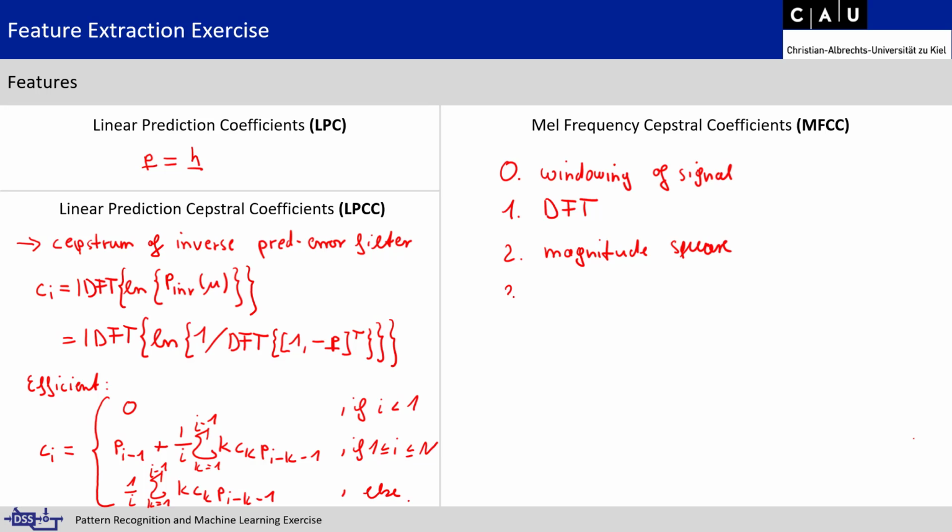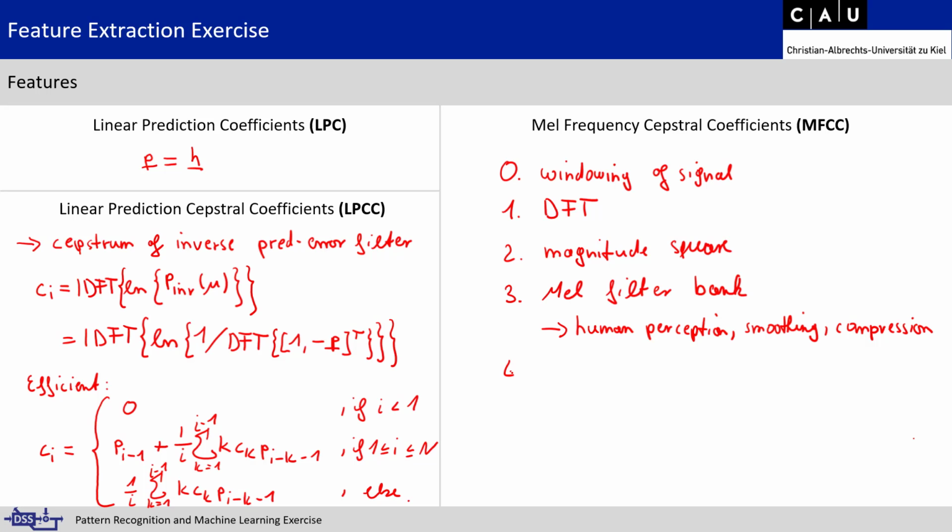And then we compute a mel filter bank or mel subbands. What this does is that we try to mirror the human perception, so the human auditory perception. We also perform a smoothing and a compression of our features. Then the fourth step is that we take the logarithm.